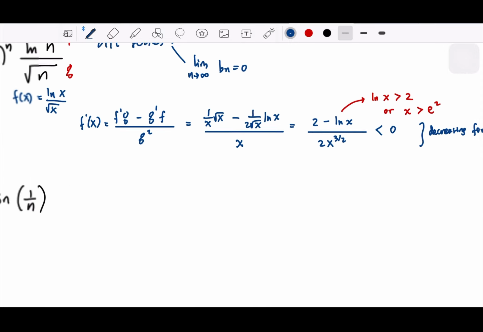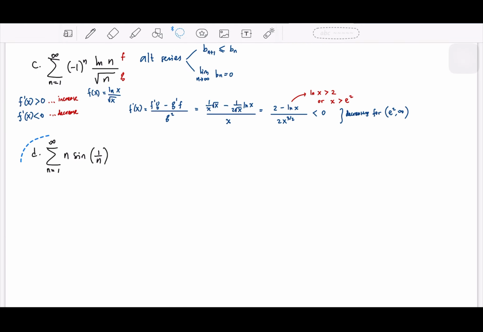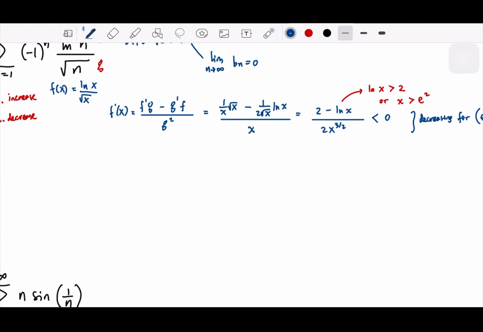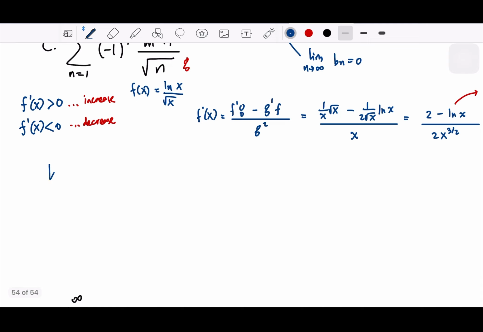And then the second one we check through the limit as n approaching infinity of ln n divided by square root of n. To solve this, we need to check with L'Hopital's rule, because this has an indeterminate form, right?